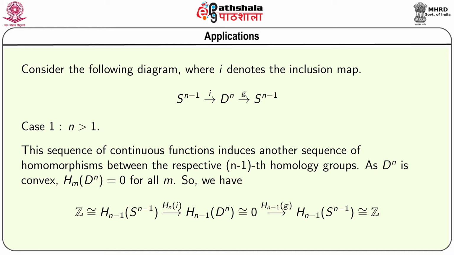As Dn is convex, Hm(Dn) is equal to 0 for every m, that we have already proved earlier.